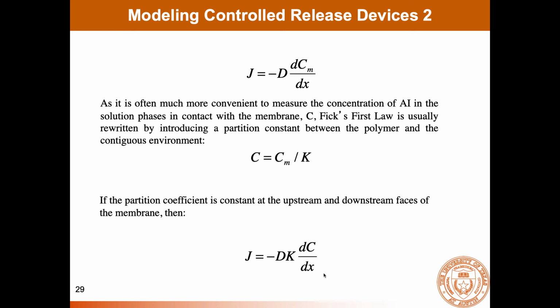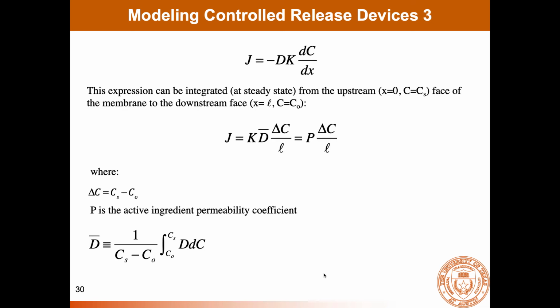And if this partition coefficient doesn't depend much on the active agent concentration, you can recast Fick's law in the form that's shown here. Now, what do you think D times K would be? Oh, look at that, it shows up again, right? P is D times K, or in the case of gas transport, P is D times S, drops ubiquitously and naturally out of the governing equations for these types of systems.